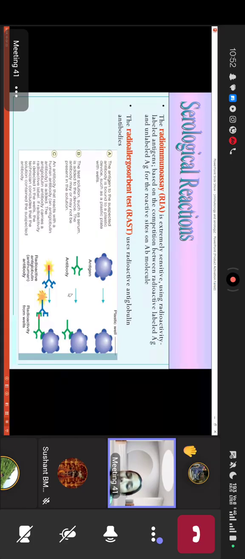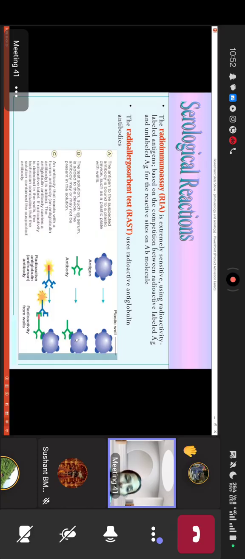Now the test solution such as serum is added, in which antibody may be present. We are not sure whether the antibody is present or not because we are testing that serum. If the antibody is present, it gets attached to the plate on which antigen is already coated.